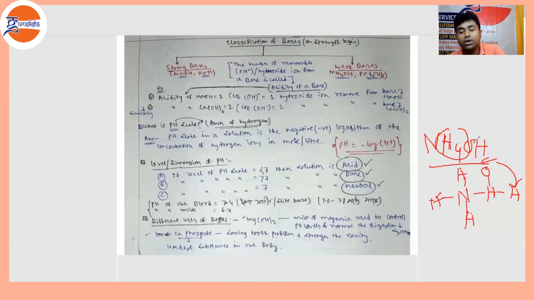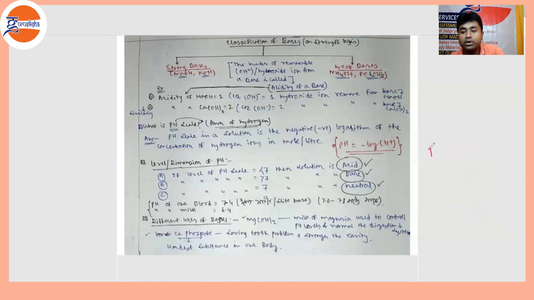This is the chemical structure of NH4OH. The name of the chemical NH4OH is ammonium hydroxide. This is a weak base. Okay, this is an example of weak base.